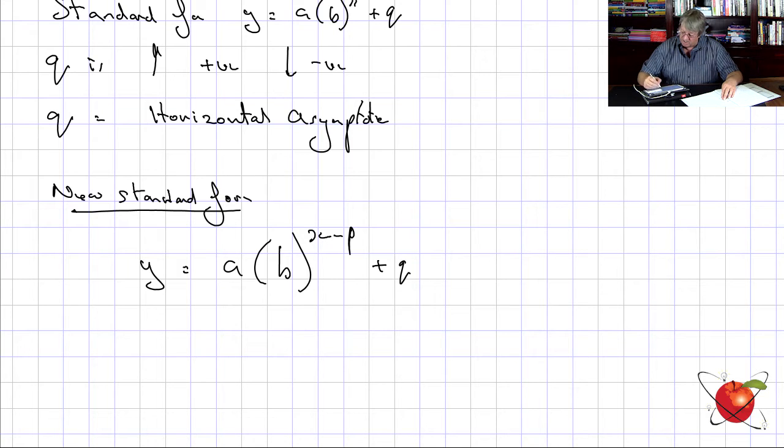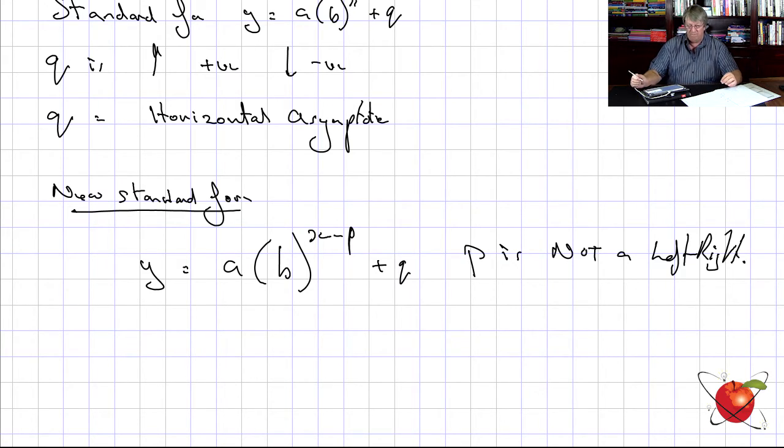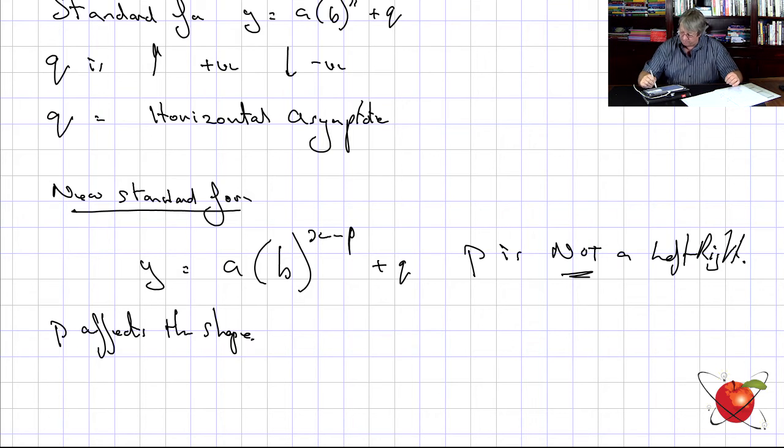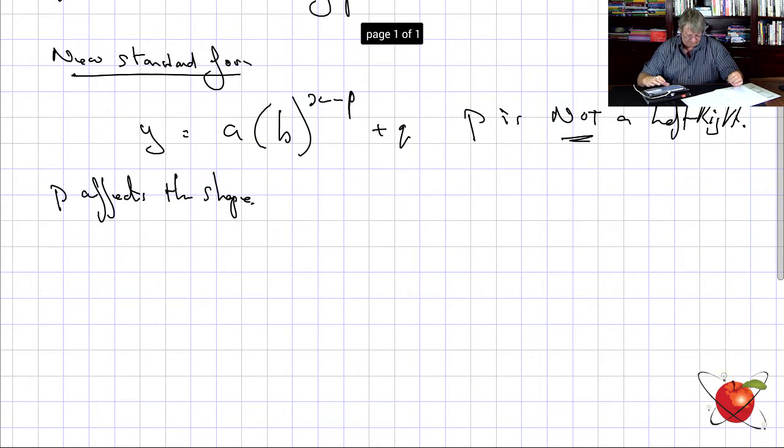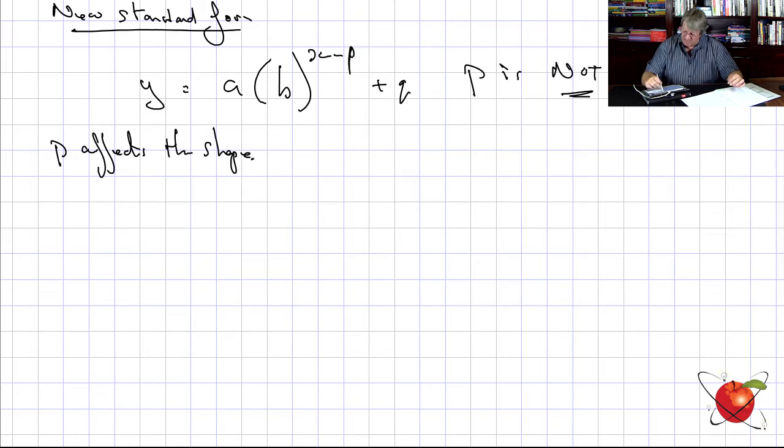And in this case, p is not a left or right shift. It has to do with the shape. P affects the shape.